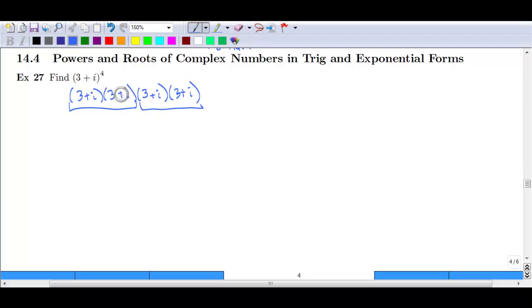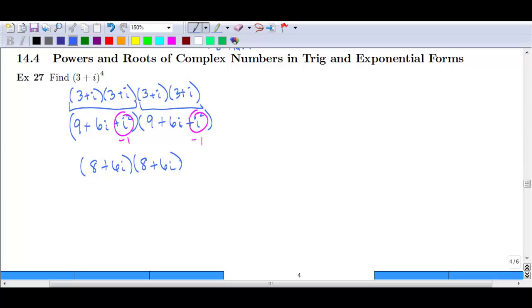We'd say, okay, (3 + i) squared is going to give us 9 + 6i + i squared. Likewise for the second, 9 + 6i + i squared. Now remember that i squared is really -1. So we end up with 9 minus 1, which is 8, plus 6i, times 8 plus 6i.